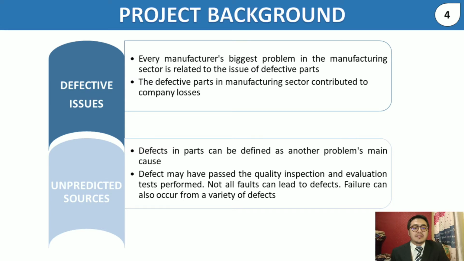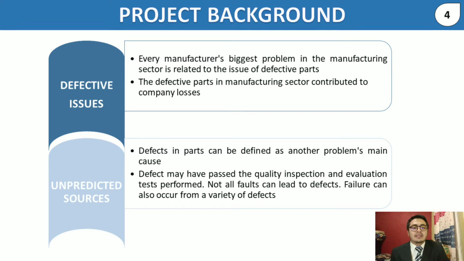Next is about the project background of the conducted topic. The background of this project has been summarized into 2 main topics which relate to each other. The first topic is about the defective issue. Currently, every manufacturer's biggest problem in the manufacturing sector is related to the issue of defective parts.